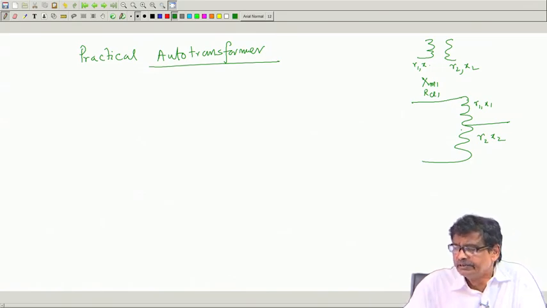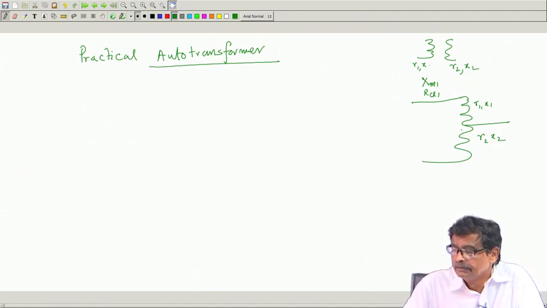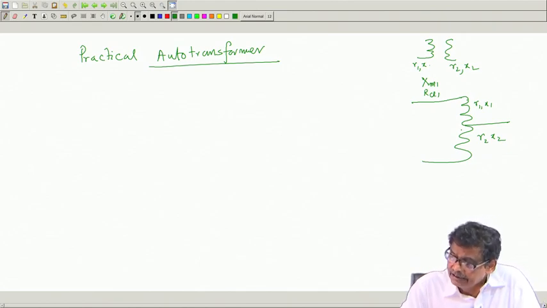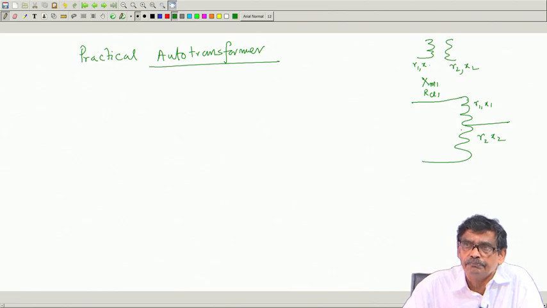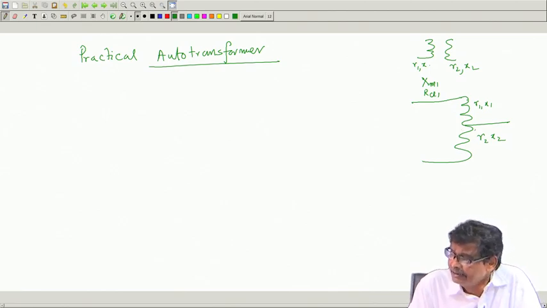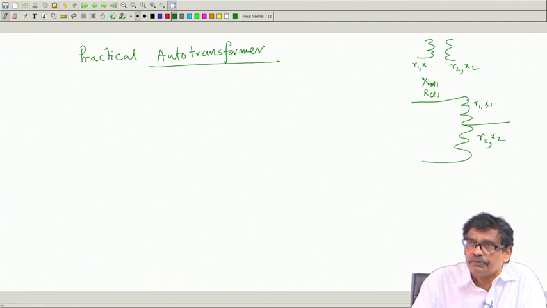First what we will do is this, I will assume that windings will have some resistance and leakage reactance, because leakage flux will be there, and this portion and this portion of the windings have their own electrical identity, no mixing between them. So, I will say the resistance of this portion of the winding is R 2 and leakage reactance is X 2, and this portion of the winding is R 1 and X 1. I can very well define that.